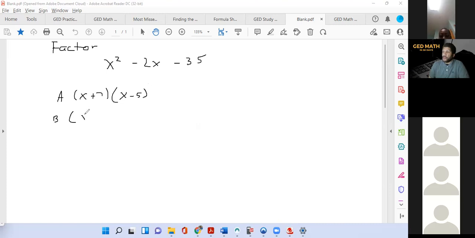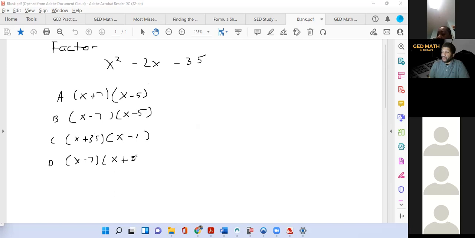B: x minus 7, x minus 5. C: x plus 35, x minus 1. D: x minus 7, x plus 5. So we have 4 options, and it says factor x squared minus 2x minus 35.